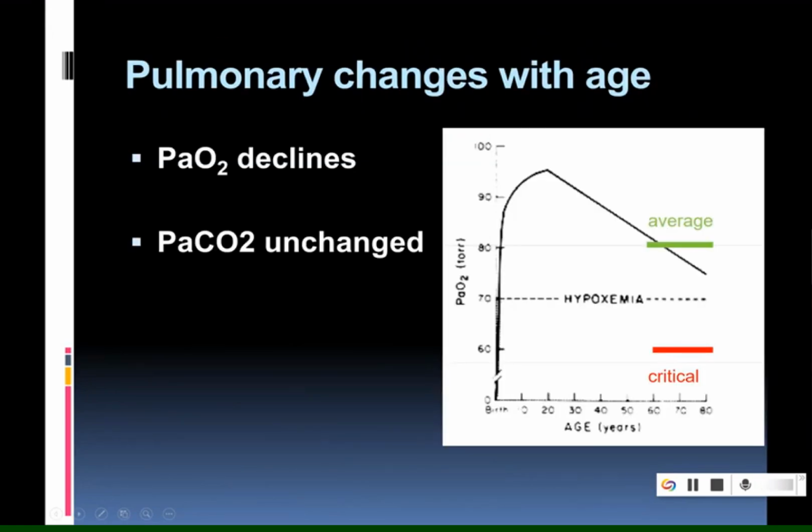With these pulmonary changes with age, as you can see here, increasing age up to 80, the average pulse ox declines, and so they become closer and closer to a hypoxemic state.